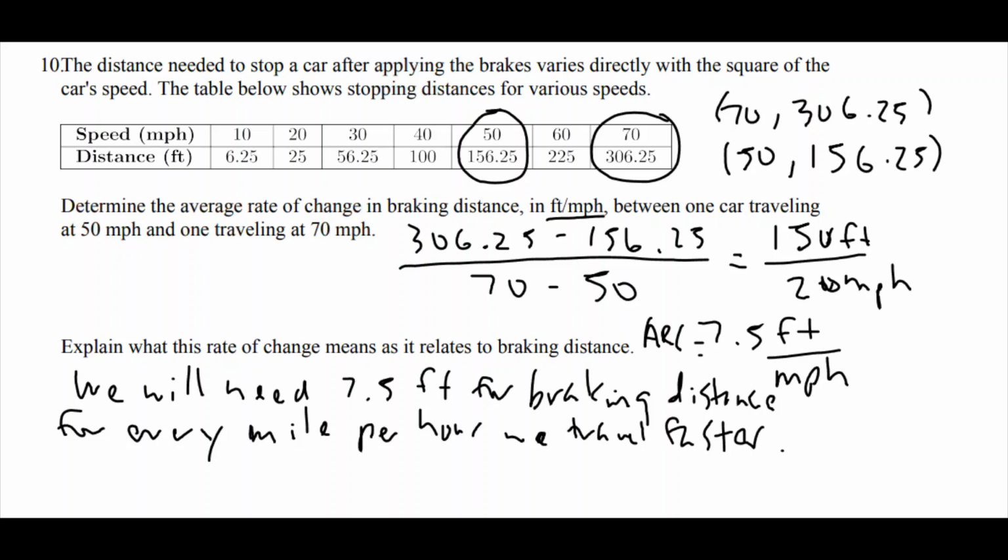Will the average rate of change be the same for two different values? I don't know about that. But we will see that between the speeds of 50 and 70, it is an average rate of change of 7.5 feet per mile per hour. And so that's how we interpret the information here.